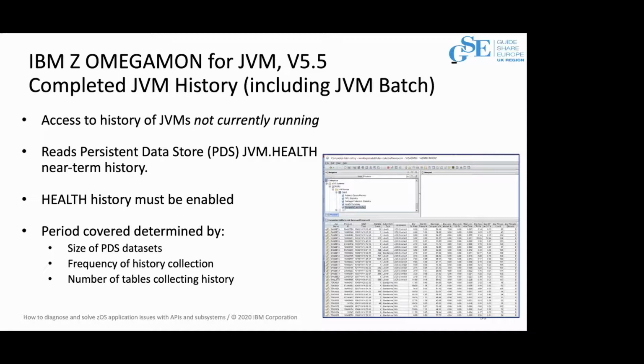It depends how big the PDS data set is and how often you collect the history. That also affects the period that's covered in your history reports. So if you collect less often, or your PDS data sets are larger, you can have more rows in your reports as well.